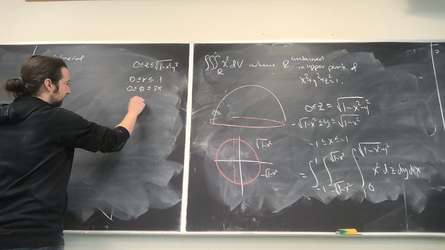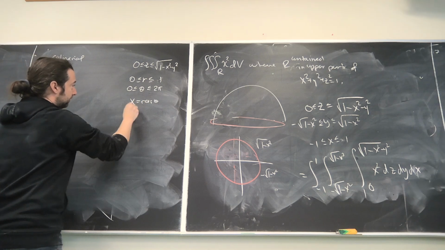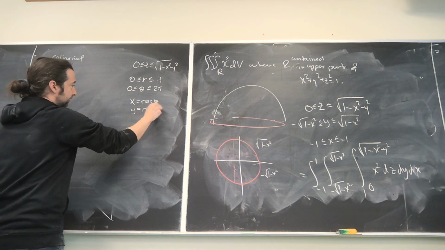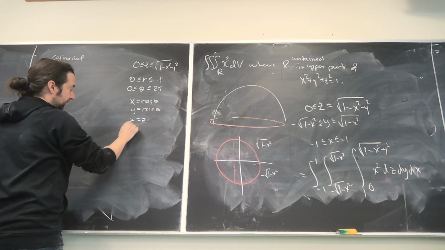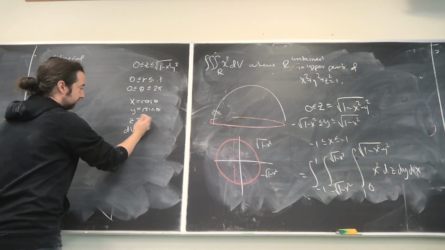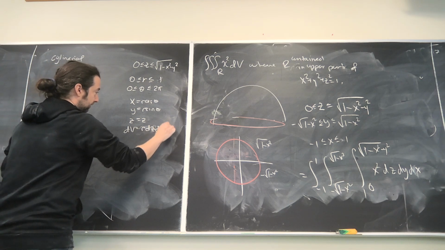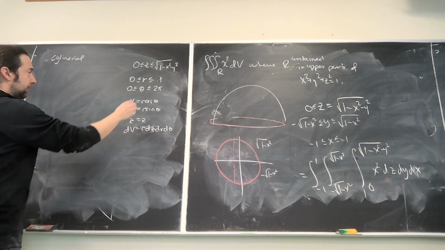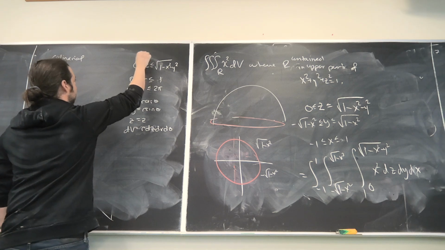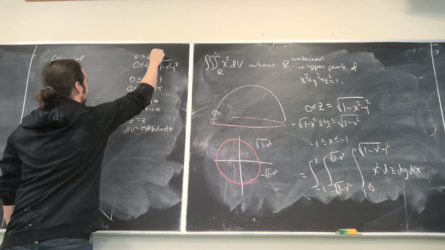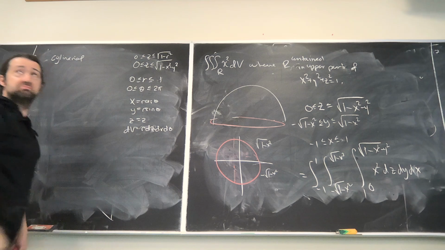I want x to be equal to r cosine theta, y is r sine theta, z is z, and dV is r dz dr d theta. Okay, so actually, I can think of z as running between 0 and the square root of 1 minus r squared.